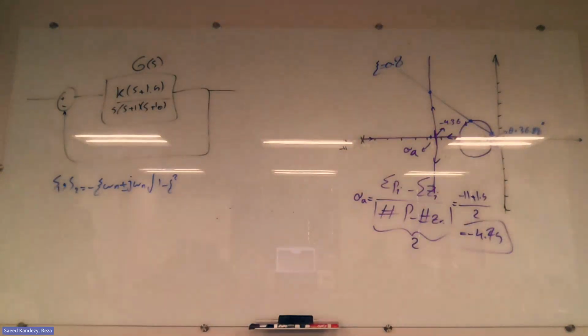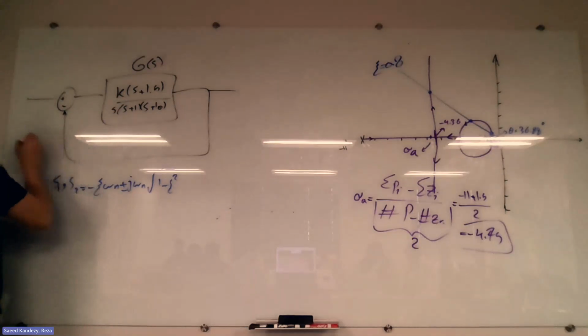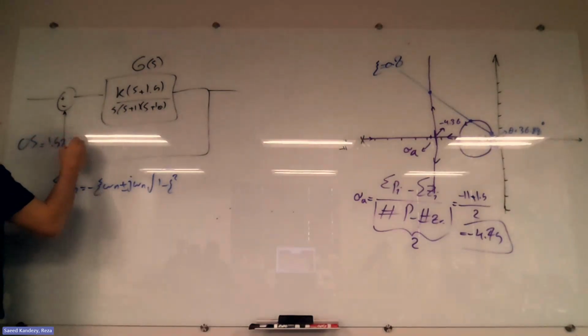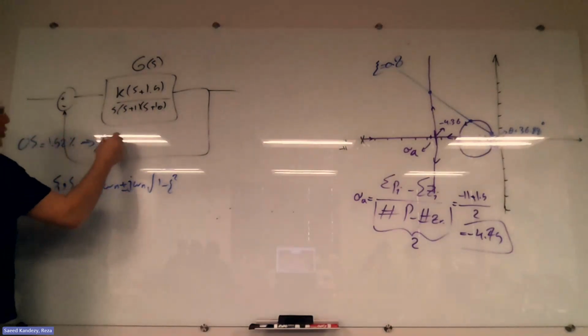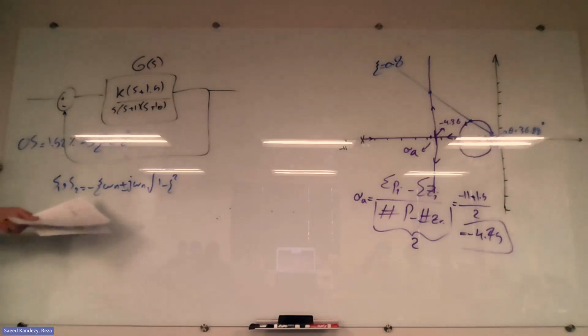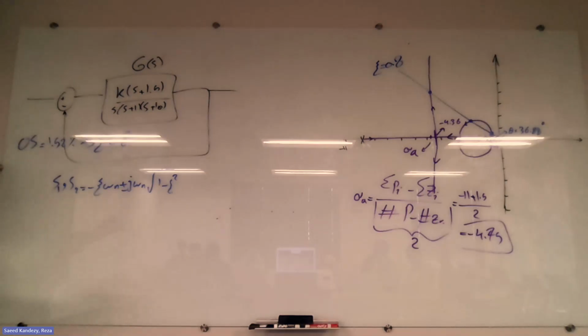This is what we already know. Now, based on our goal, which was an overshoot of 1.52%, we find out that our psi should be 0.8. So we know the psi here, but we don't know the omega n of the second order system that will satisfy this condition. How can we find it?